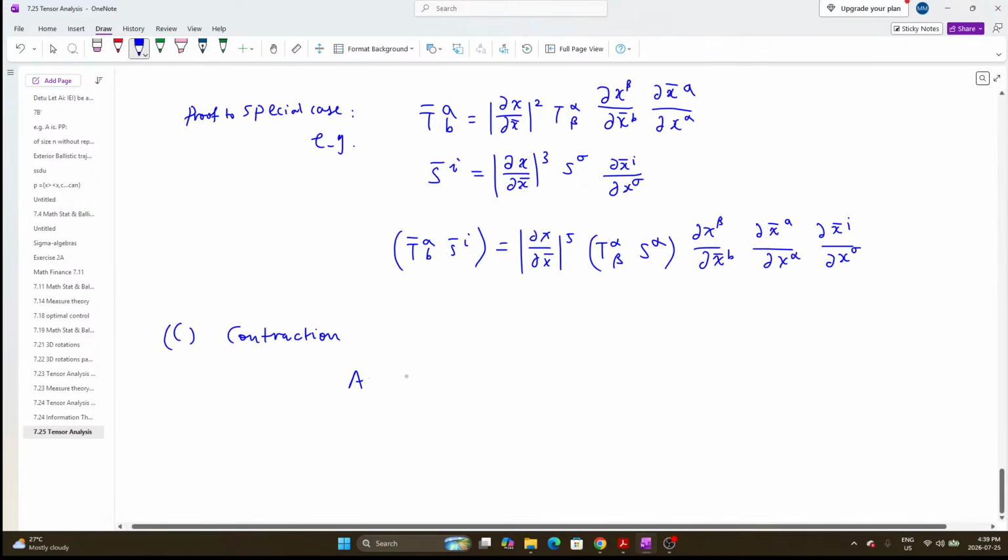This is the so-called absolute tensor without weight.